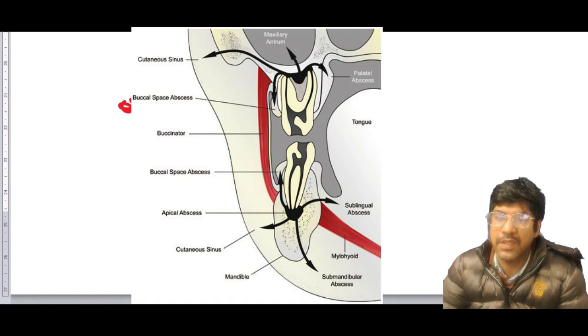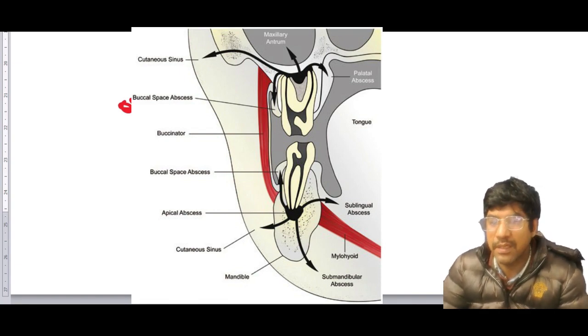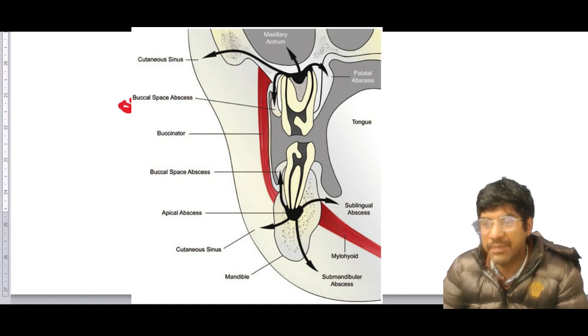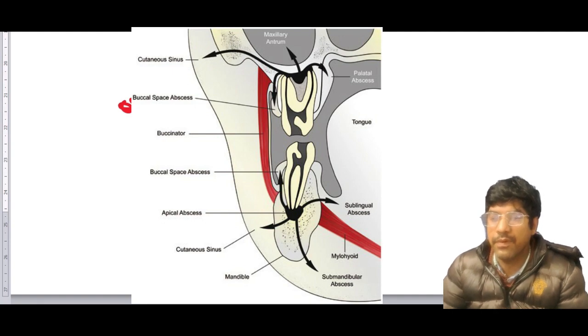So infection from the first molar is more likely to track buccally. It can pass either above or below the level of the buccinator muscle. Depending upon the perforation point, it may enter either the vestibule or superficial spaces. Infection from the lower second molar is likely to involve the submandibular space.